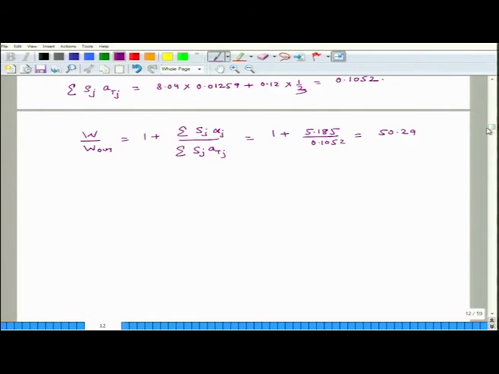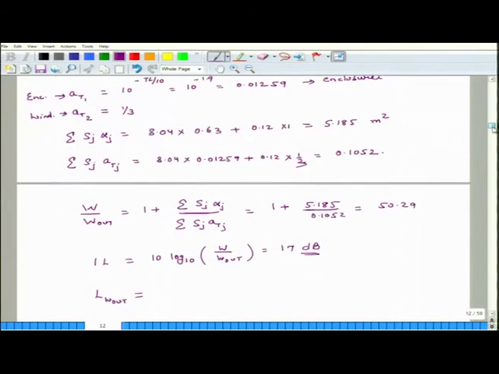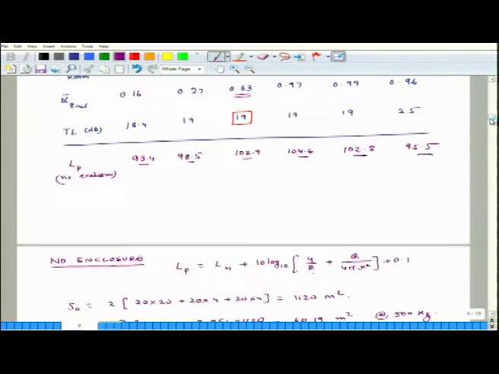Okay. So, insertion loss is 10 log 10 of W by W out, and that equals 17 dB. Without the window, the sound pressure level we calculated was 102 decibels.